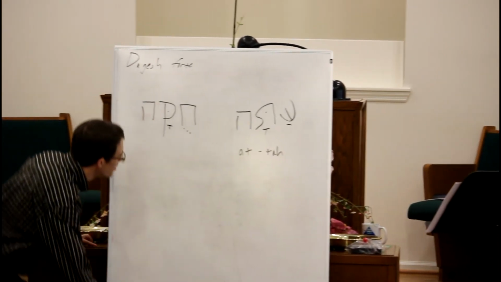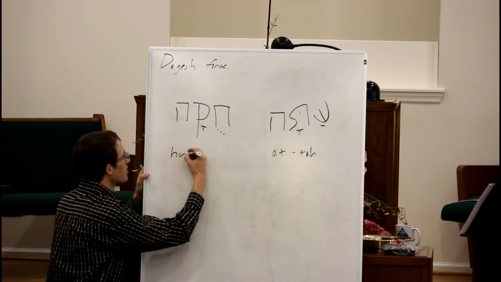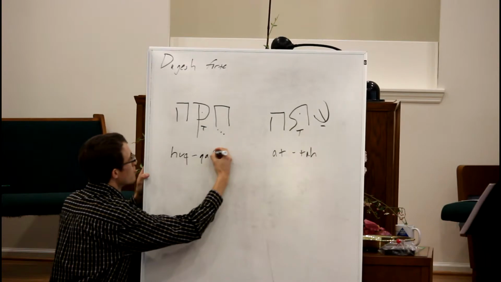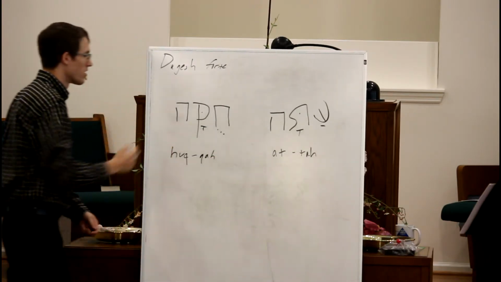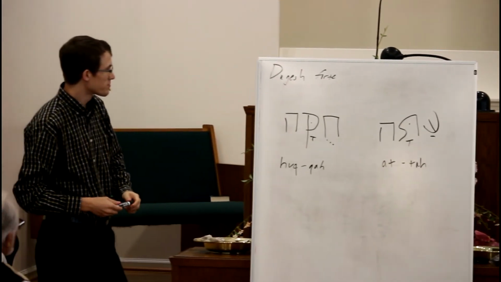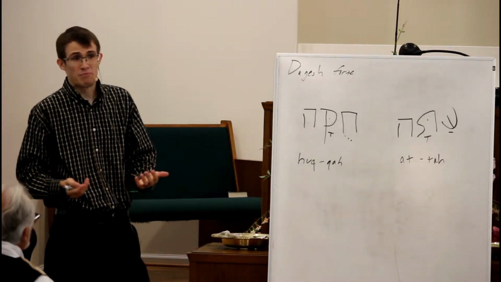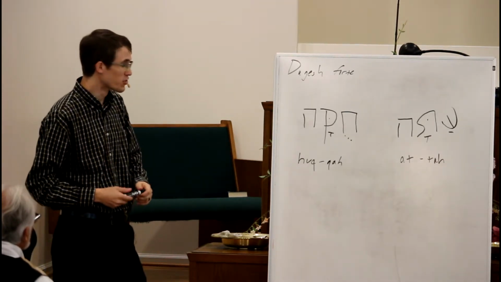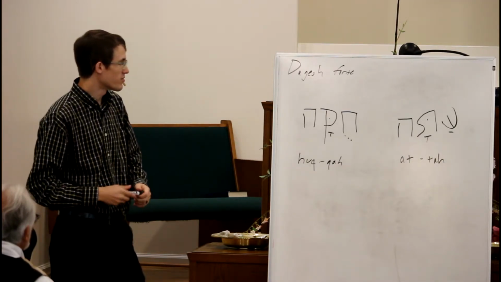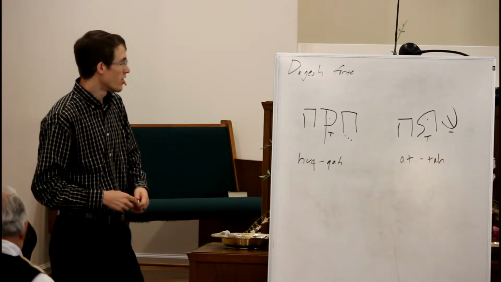So hukkah, we would transliterate hukka. You want to be really precise with your Hebrew pronunciation. We don't usually put two Q's back to back in an English word. Q's normally followed by U. In other rare cases, you have some other vowels, but normally it's a Q. But hukka.